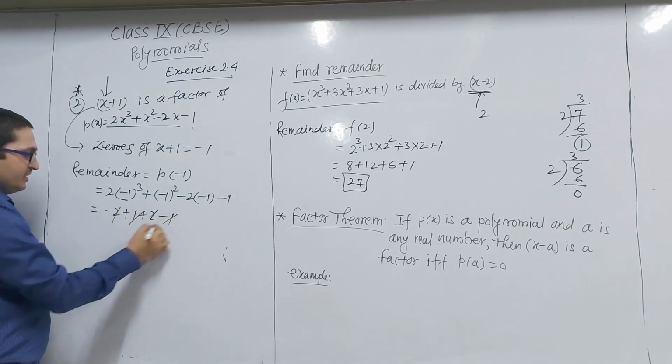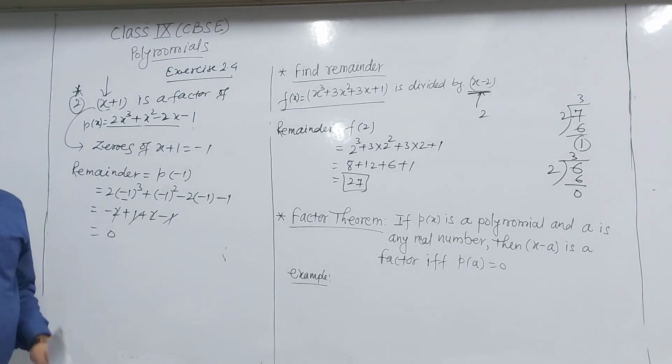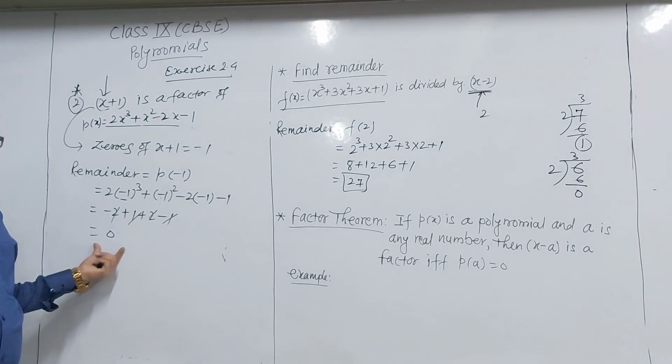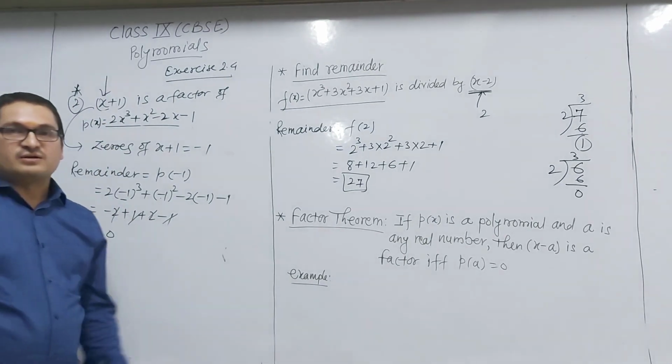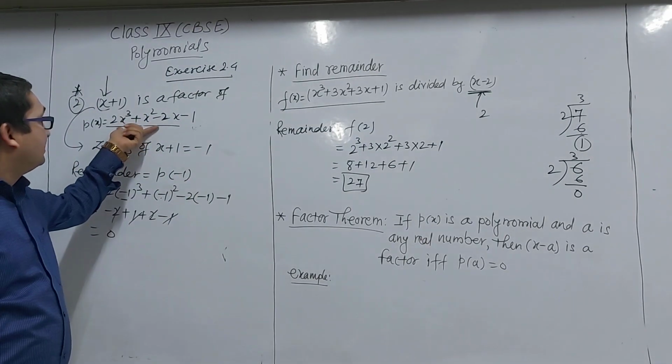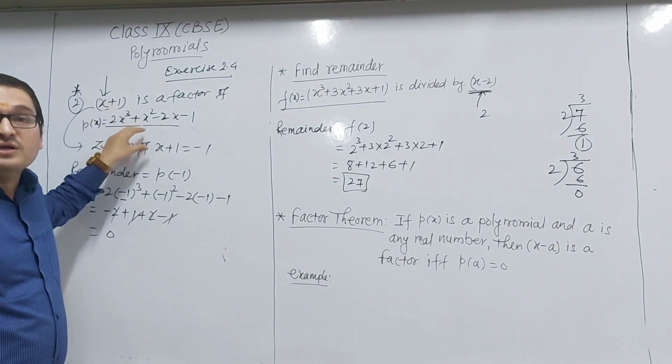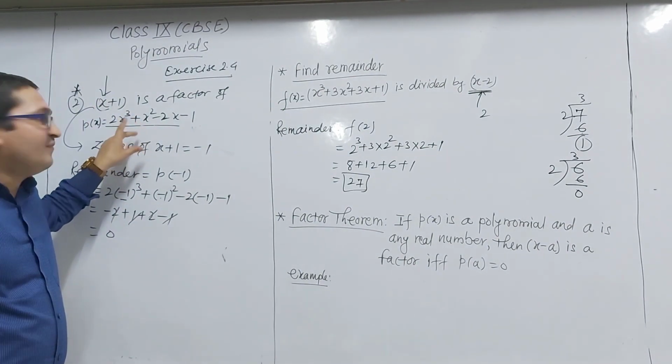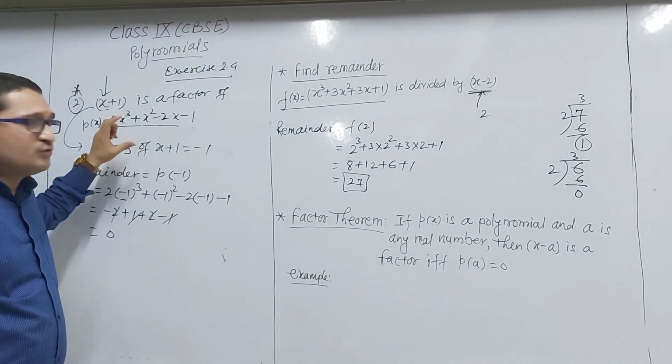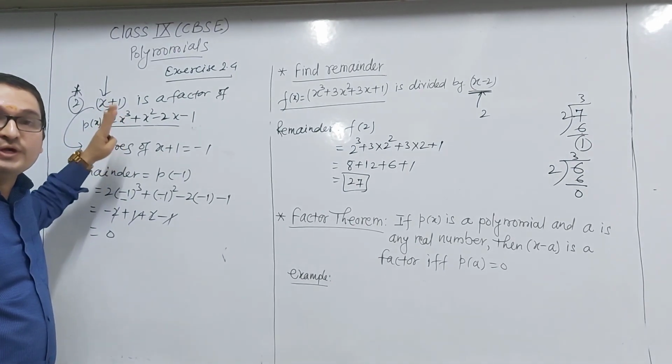These get cancelled, right? So your remainder is 0. That's why x plus 1 is a factor. It means if you divide this polynomial by x plus 1, it is completely divisible, so you are going to get remainder 0.